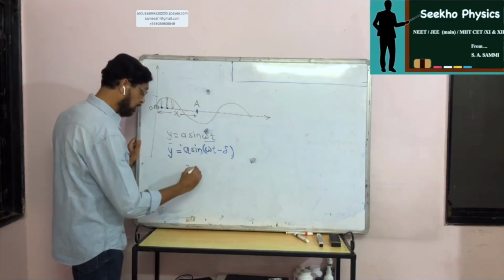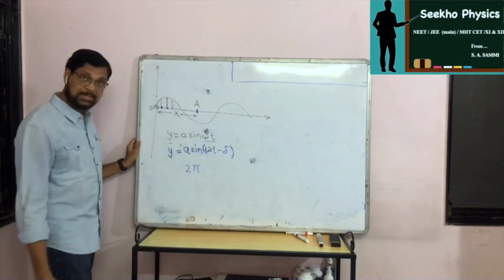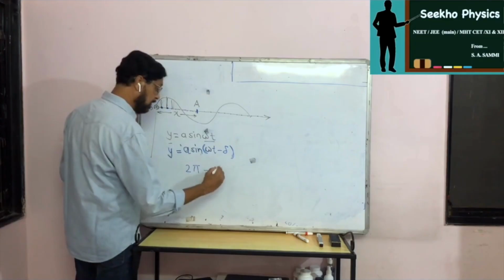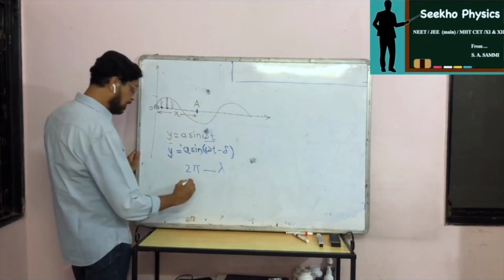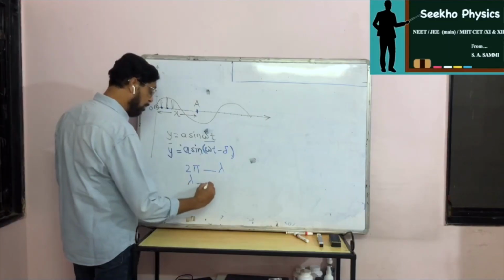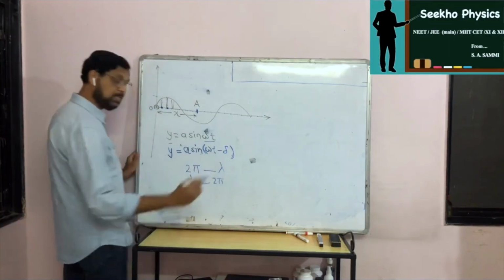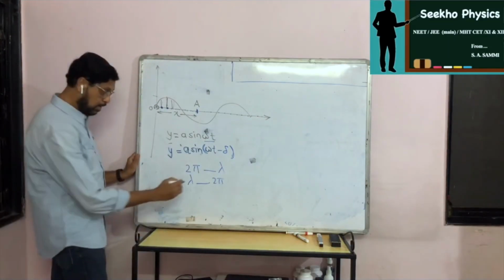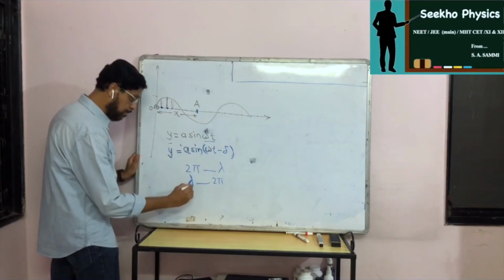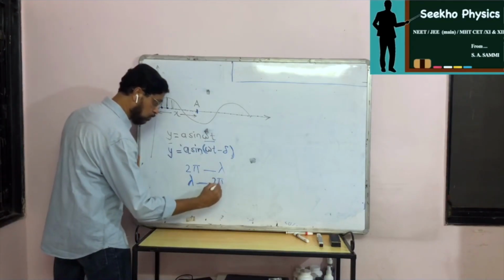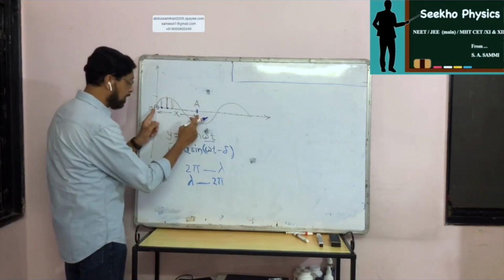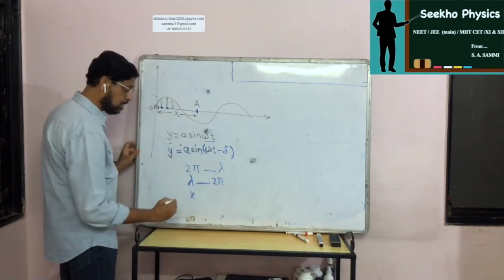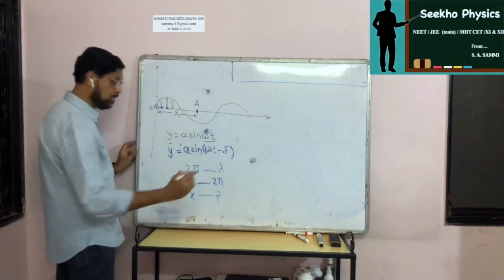So for the phase difference of 2 pi radians, the distance is lambda, right? Or you can say for distance lambda, the phase difference is 2 pi by definition. या दोन particles मधला distance आहे x, तर phase difference किती असणार?